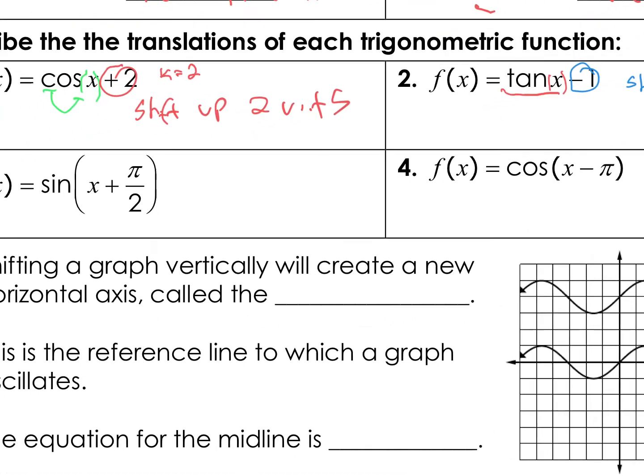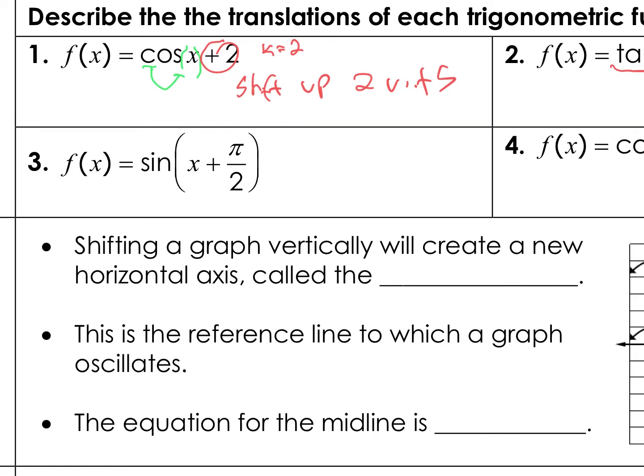Number 3. You see the difference between not having an h component and having one? This pi over 2 is definitely not a shifting up or down because it's inside the parenthesis. It is part of the argument for the sine function. So this number stands for a plus h component. And when you see plus, we know it shifted left pi over 2 units.